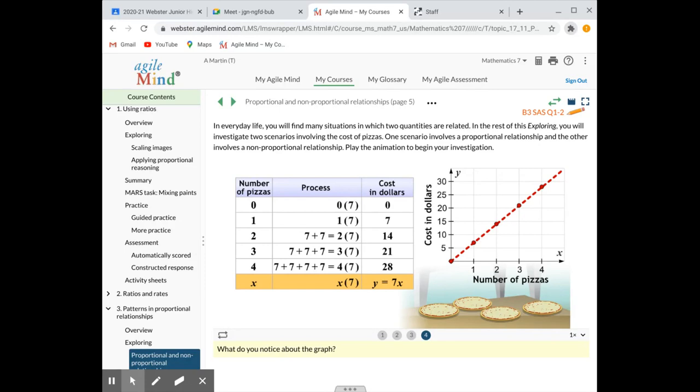I'm going to give you about 3 minutes to do that, and then we'll resume. All right. So he was saying like 2 sevens equals 2 times 7, which equals 14. Correct.